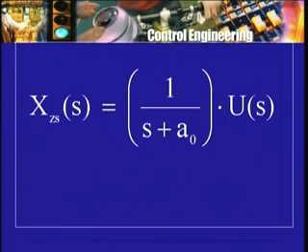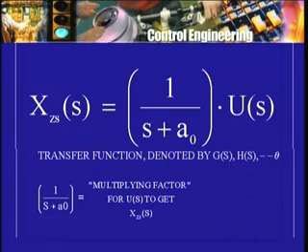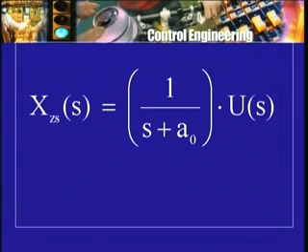In other words, the zero state response transform is the input transform multiplied by some expression. Now that expression in this case is 1 by s plus a0. Does it depend on what u(t) is? Does it depend on what input we have chosen? No, because what appears here is only the transform of the input, the transform of the zero state response, and this is the relationship between the two.